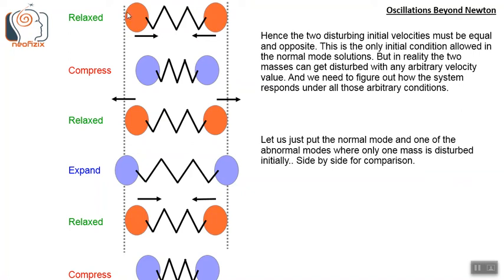So if we disturb M1 with some velocity v, we have to disturb the M2 mass with velocity minus v, equal magnitude but opposite direction. So this is the only initial condition allowed in the normal mode solutions for this one spring two mass system.